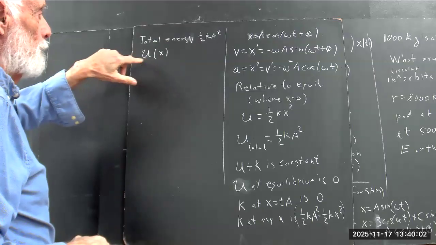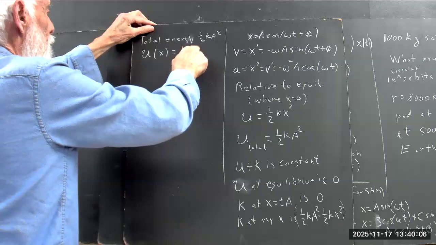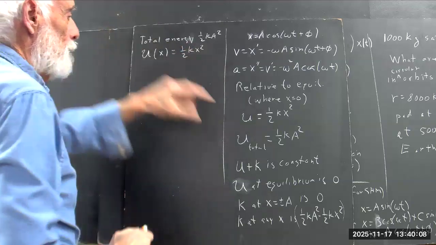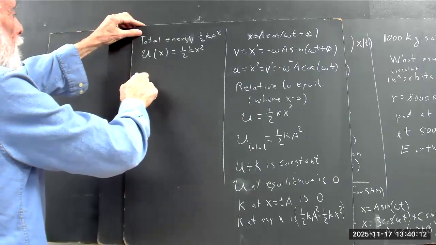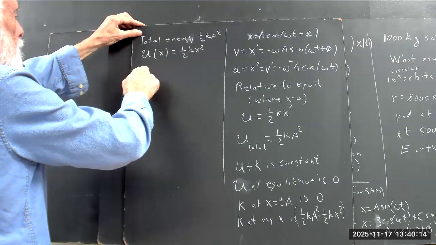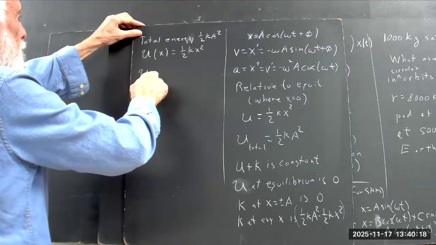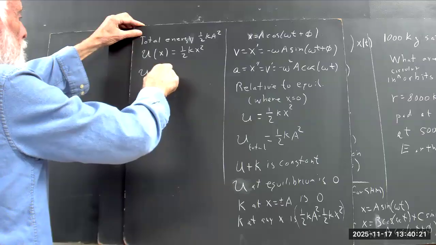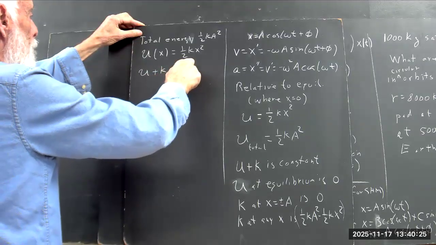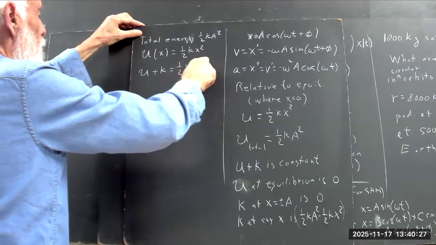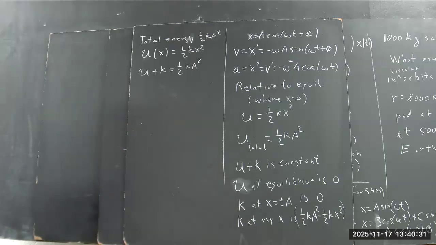I'll write U of x, the potential energy at position x, is one half Kx squared, which we already said. At any point, U plus K is one half Ka squared.